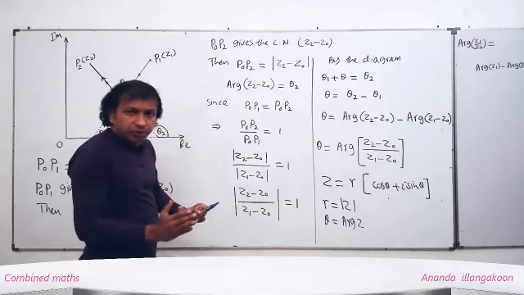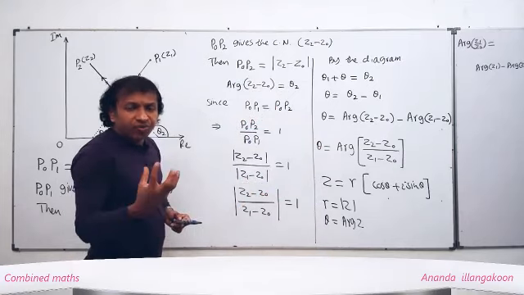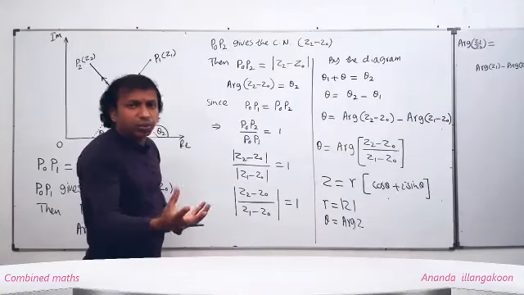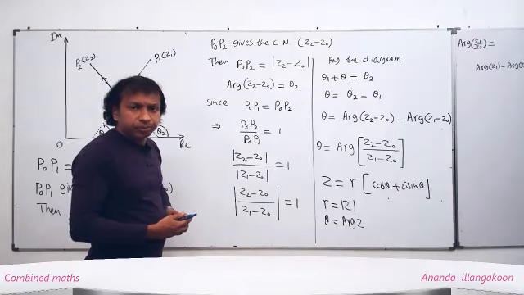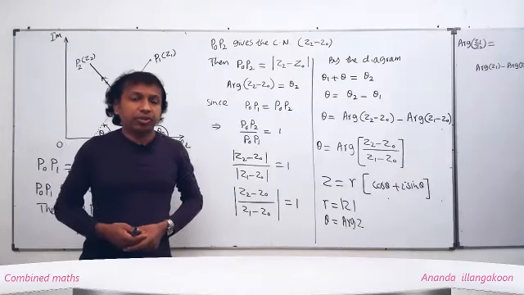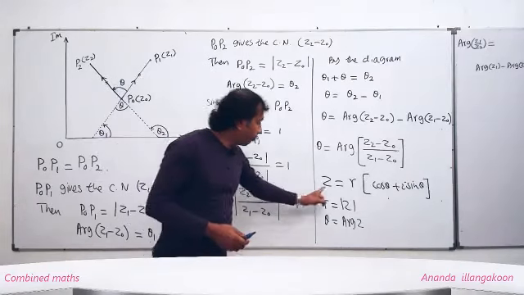Its modulus we know and its argument we know. That means of a particular complex number, its modulus and argument both we know. Then that complex number we can write by using polar form. What is the form? This.